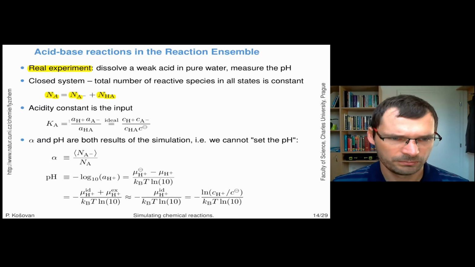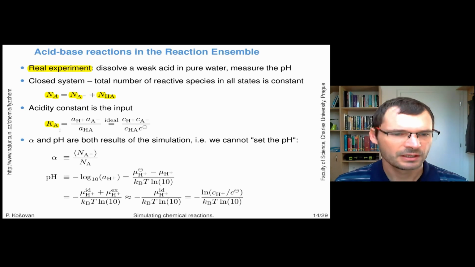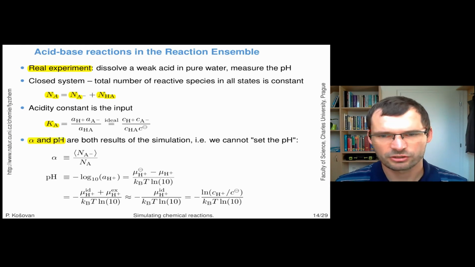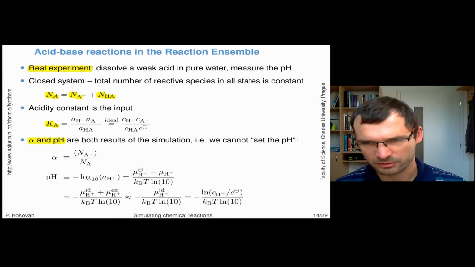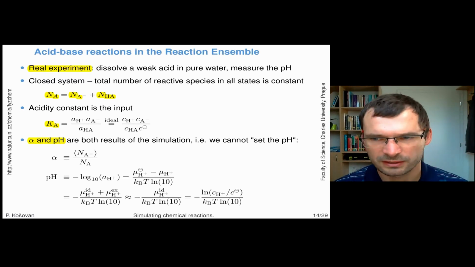The main input is the acidity constant, which is equal in the ideal case to the product of these concentrations at equilibrium. In the interacting case that we typically want to simulate, it's given by the product of activities, and both alpha, the ionization degree, and pH are the results of our simulation. That means in this kind of simulation we cannot really set the pH.